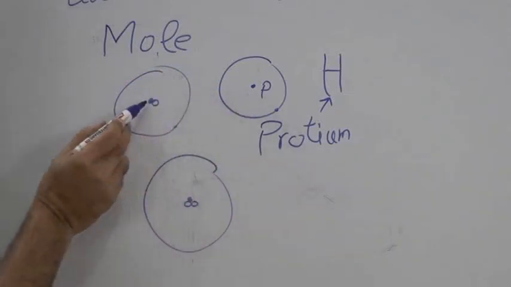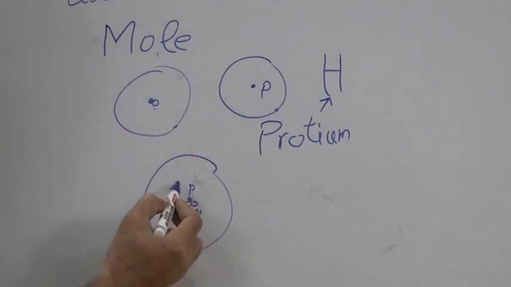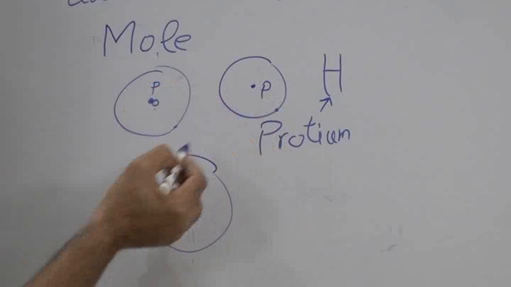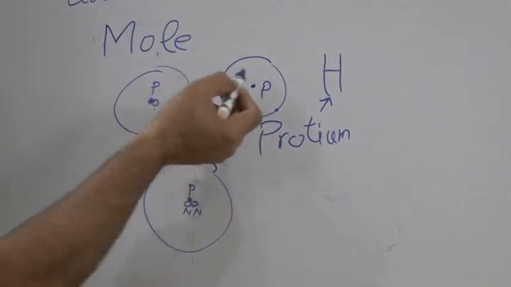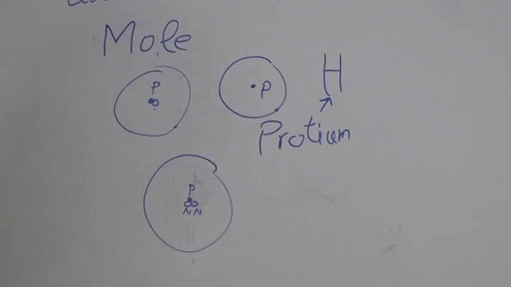In deuterium, one proton, one neutron. In tritium, one proton, two neutrons. The number of protons is the same, that is why this is the same element. If the number of protons changes, then a different element is formed.